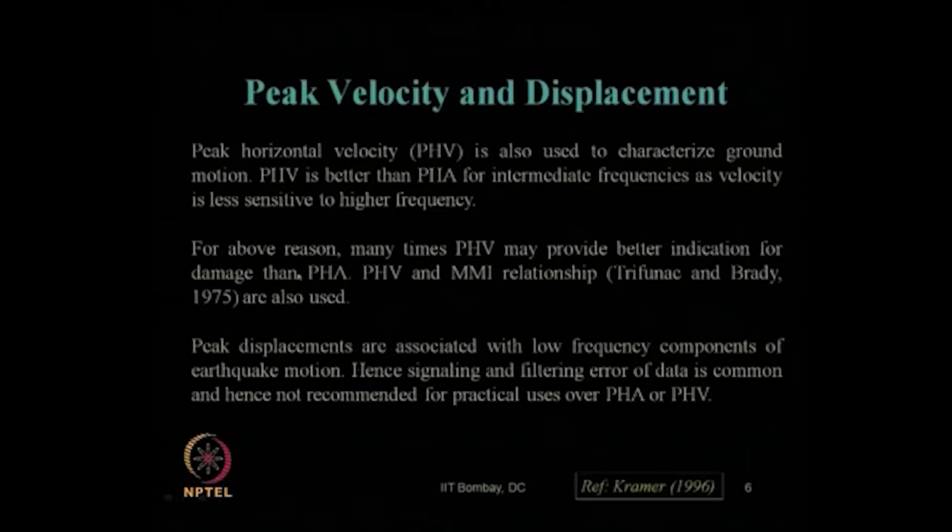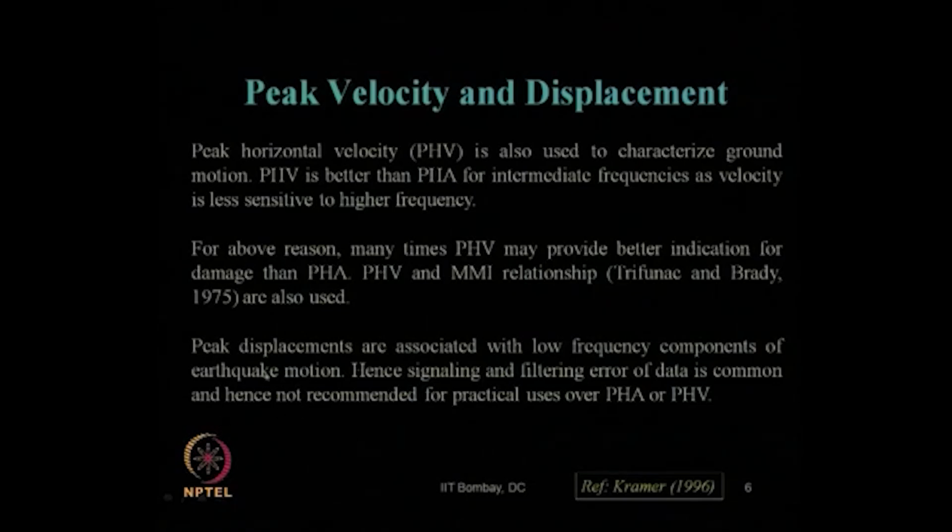Then we talked about the value of PHV, that is peak horizontal velocity, and we have mentioned that PHV is a better estimation than PHA because it captures the intermediate frequency also very well.